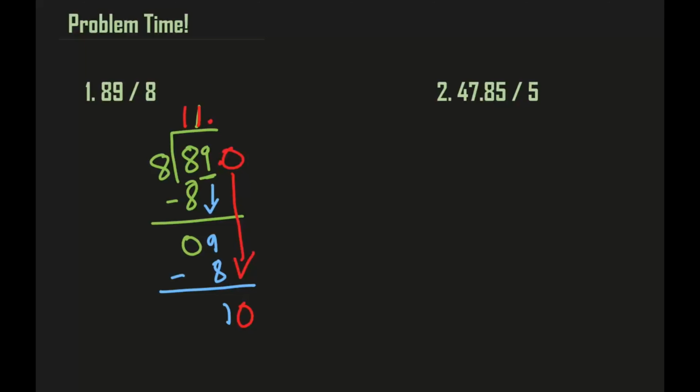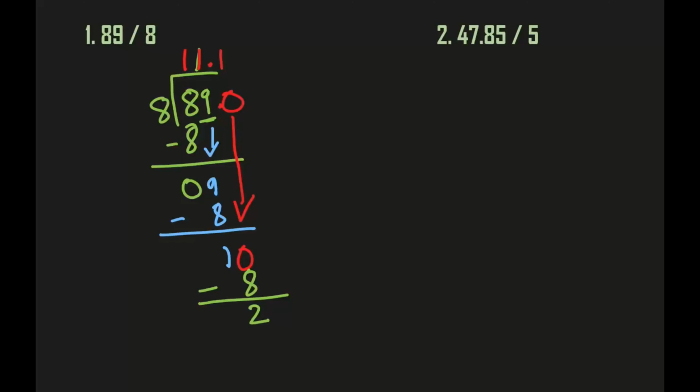So again, we have to go with 8 times 1. 8 times 1 equals 8. And 10 minus 8 equals 2. So I'm going to continue it right here so we have more space. So we have 2. So again, we'll simply add a 0 and bring it down. Now we have 20.